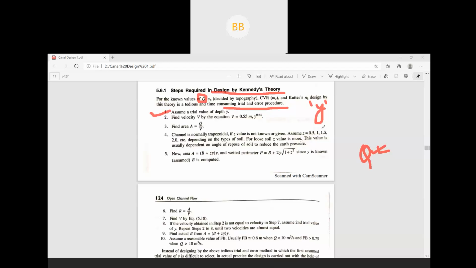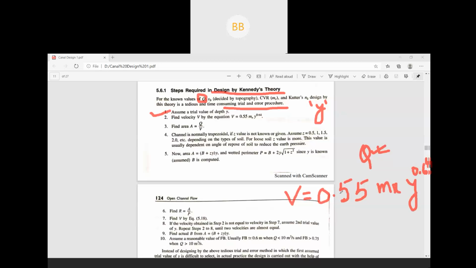In the second step, you have to find out velocity by using this equation: V equal to 0.55 m y to the power 0.64, where m is nothing but your critical velocity ratio. Okay.